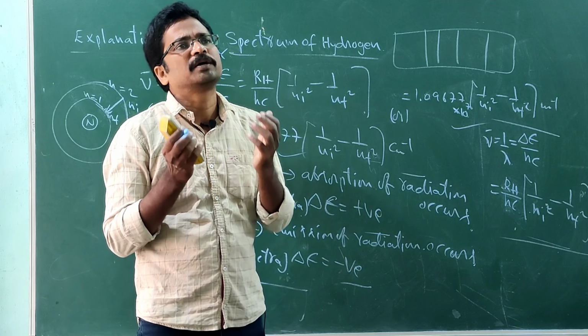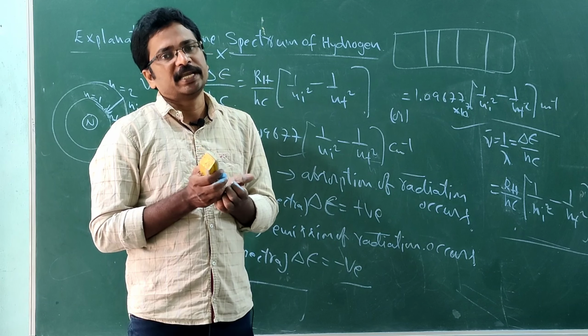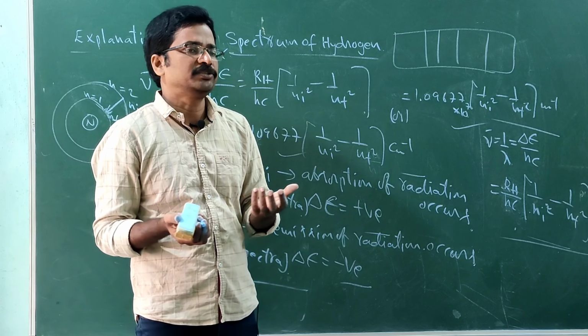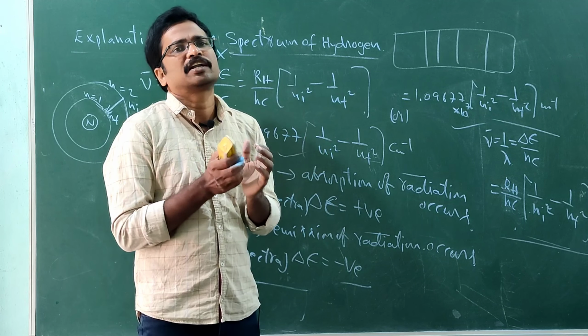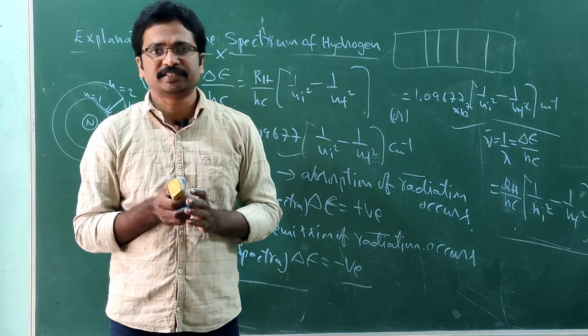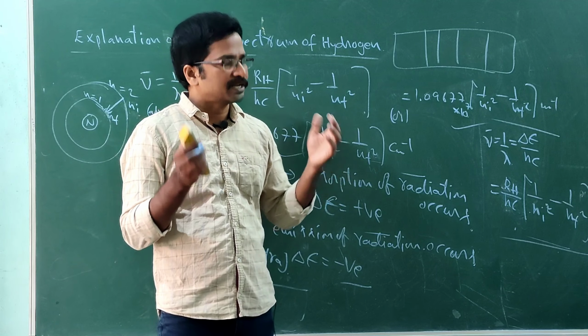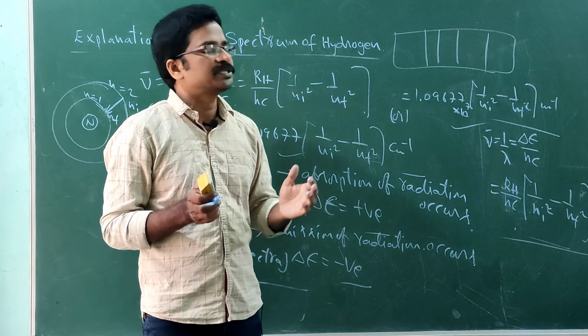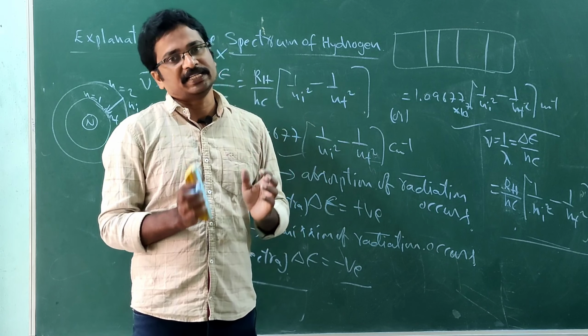It may absorb a large amount of energy, another may absorb a very large amount. You cannot say all hydrogen atoms absorb the same limited energy. So different hydrogen atoms absorb different energies.